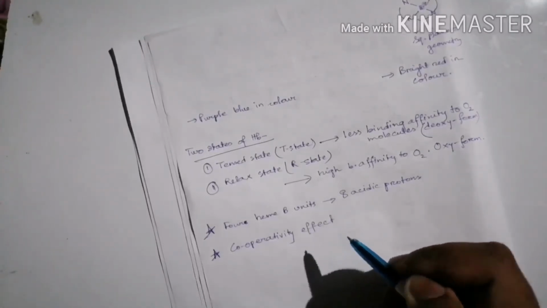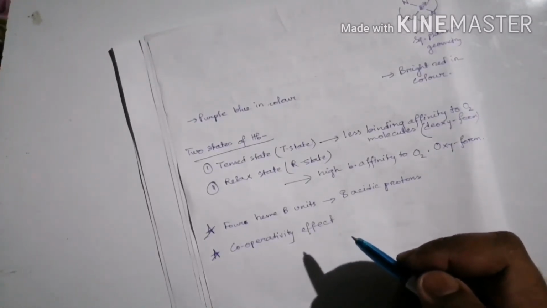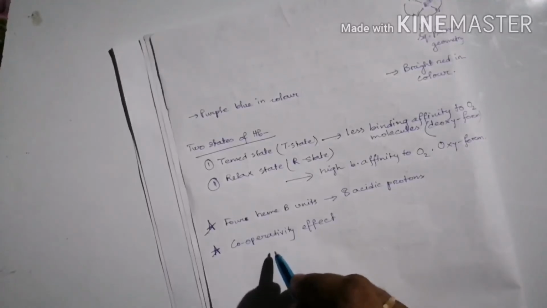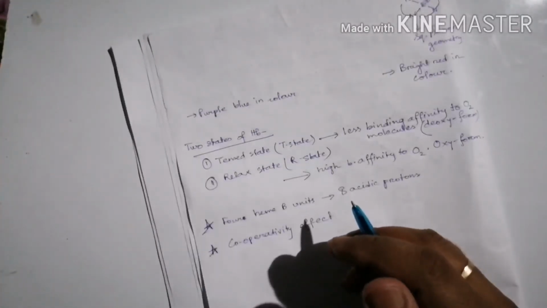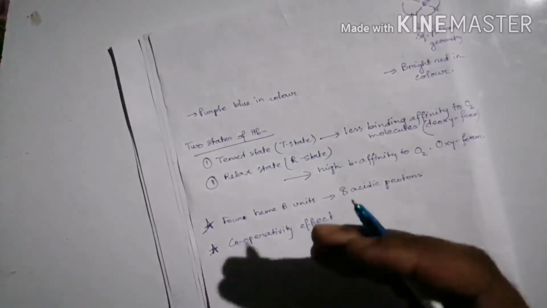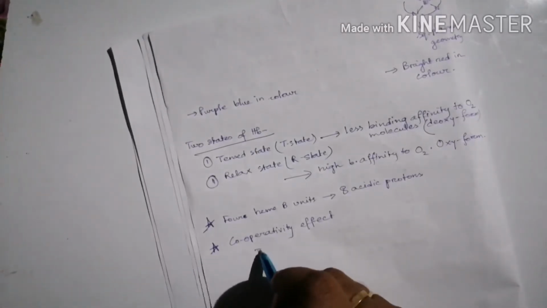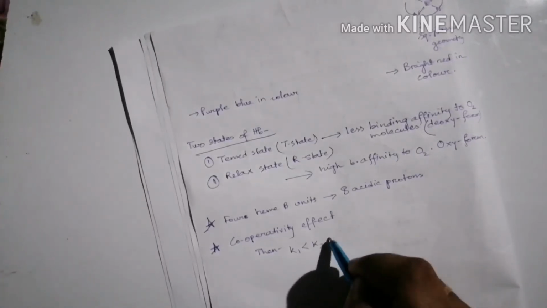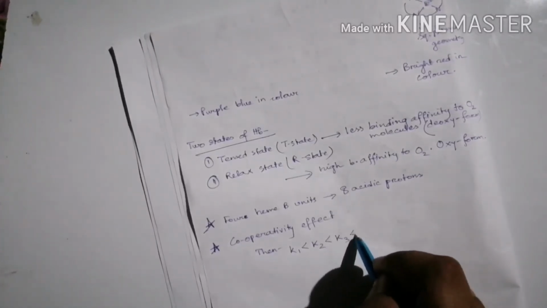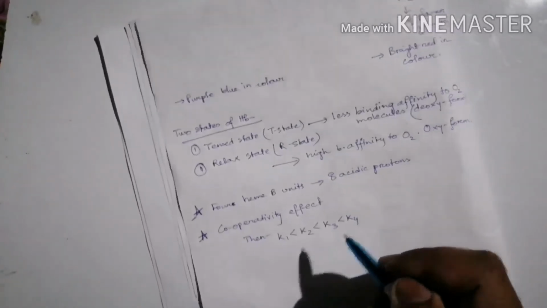If we denote the binding capacity of oxygen to hemoglobin by K1, K2, K3 and K4 in the first, second, third and fourth cases, then K1 will be less than K2, less than K3, less than K4.